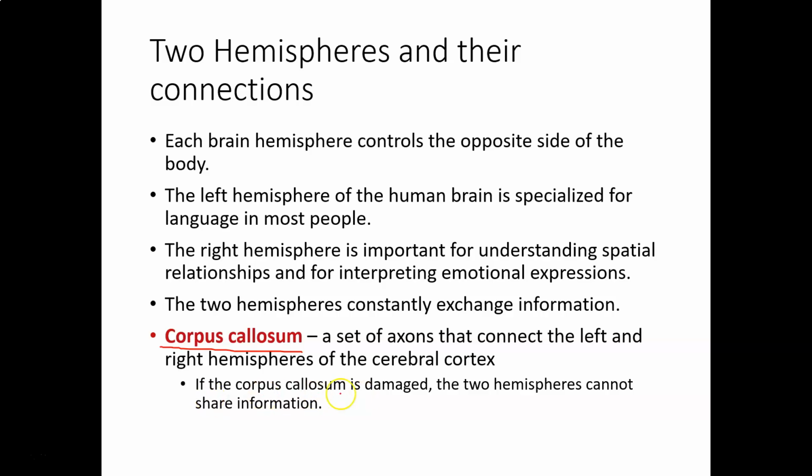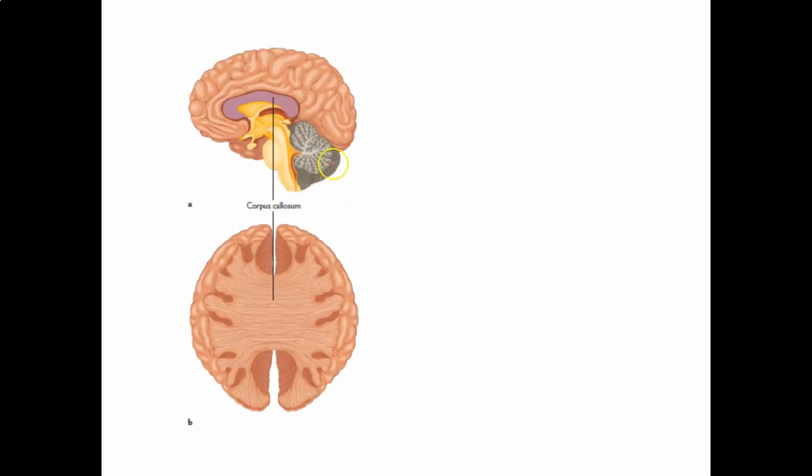If the corpus callosum is damaged or cut in some way, the two hemispheres would not be able to share information. At least the two cortical hemispheres would not be able to share information completely. To show you how massive this structure is, you're looking at a cartoon here. This is the side view of the brain.